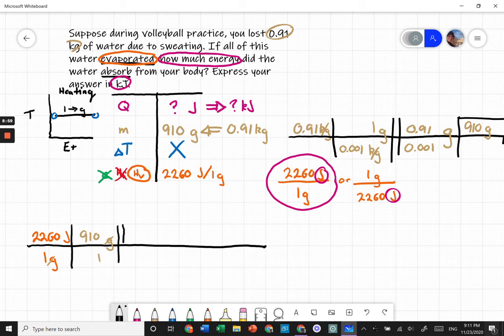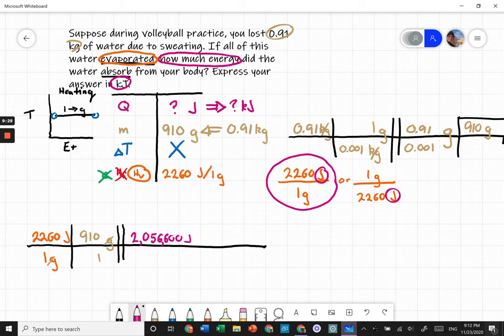I should be good to multiply across the top, and then multiply across the bottom to solve for my answer. So, up on top, 2,260 times 910. That's a big number, 2,056,600 joules. I'll put my commas in there just to make this a bit easier to read.